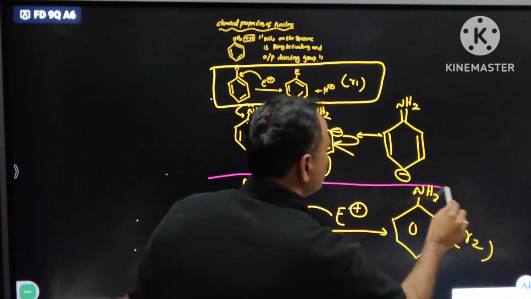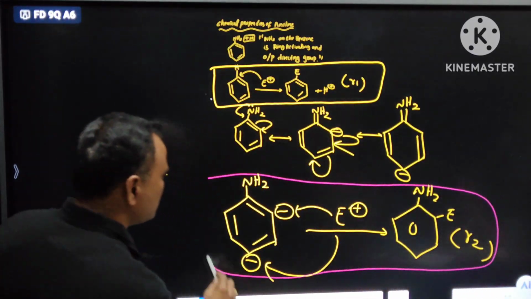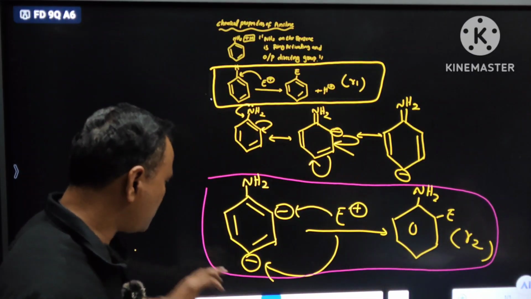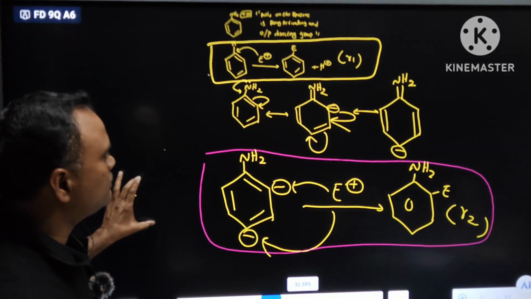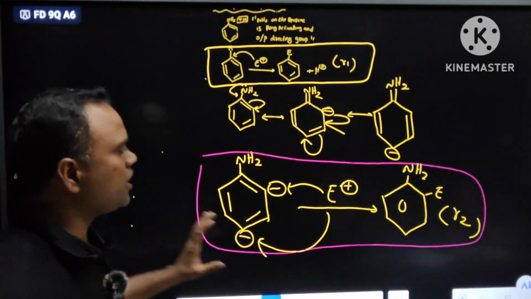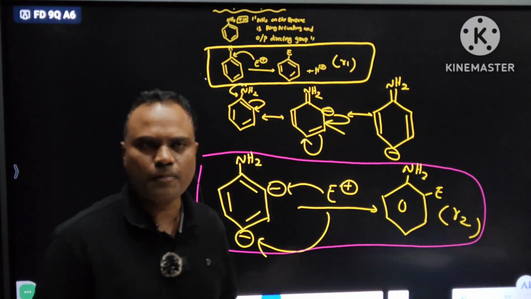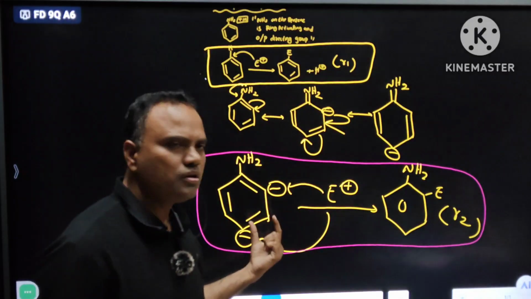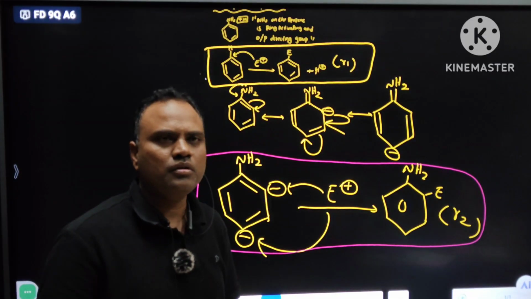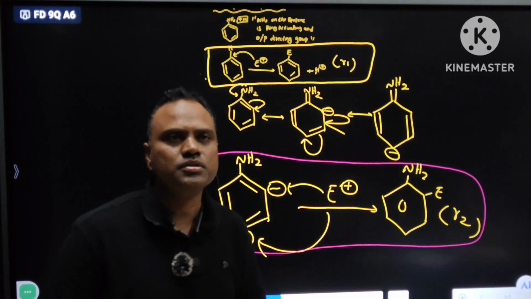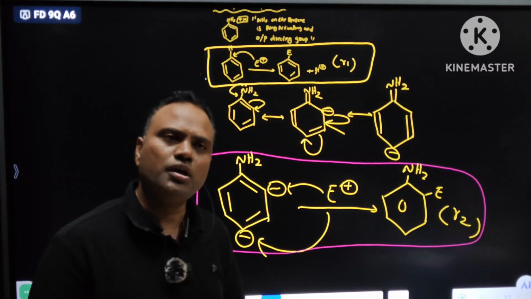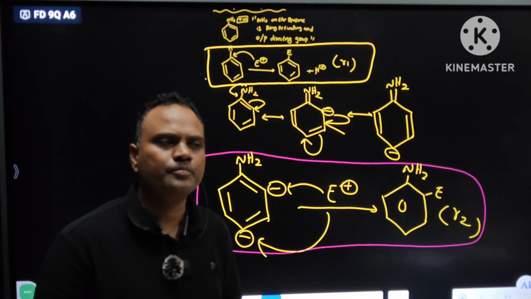Here aniline is involved in aromatic electrophilic substitution reaction. Guess which is more reactive towards electrophile, plain benzene ring or aniline? Online students, which one? Why aniline?